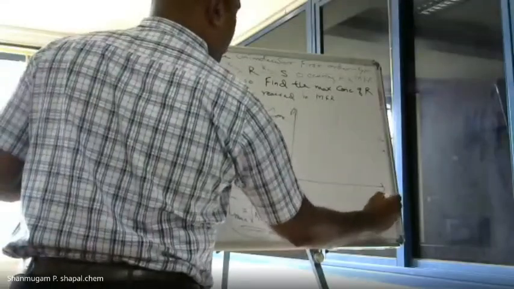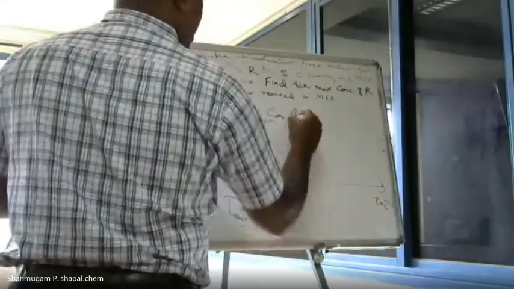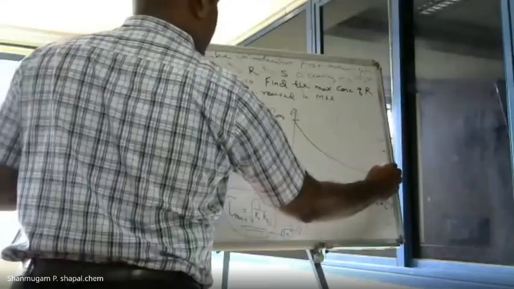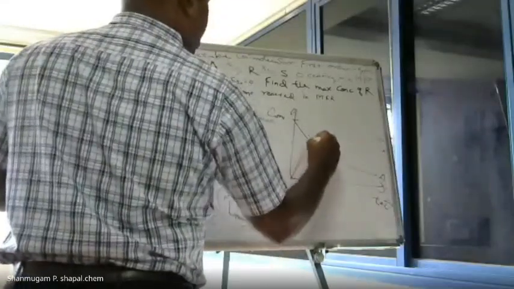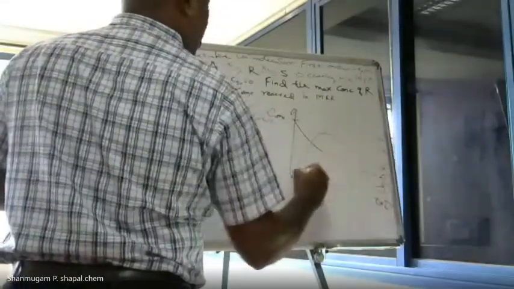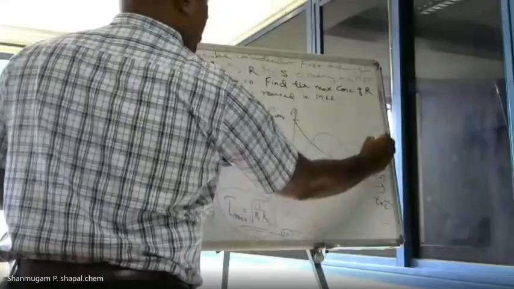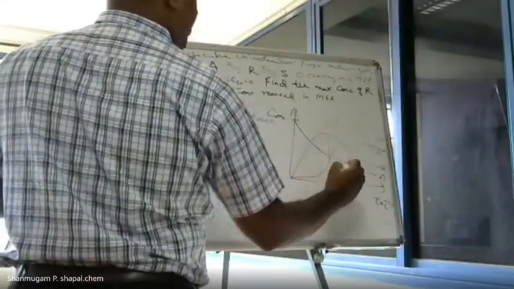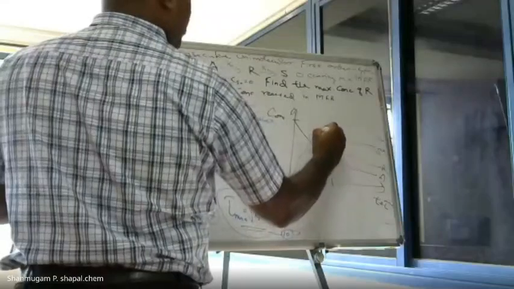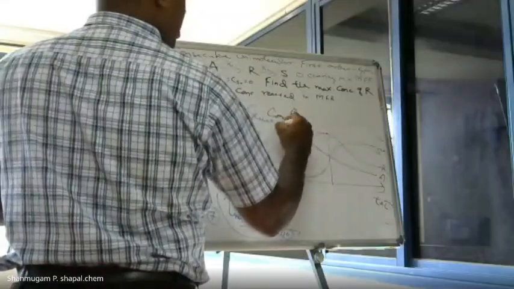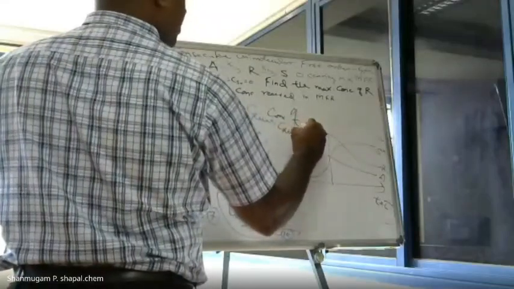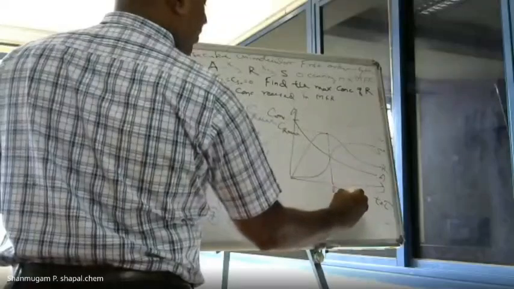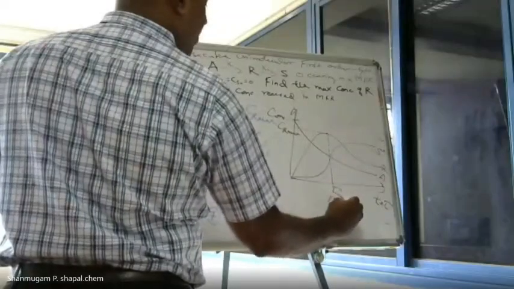Now I put tau here, and the concentration of A. So at this point, this is your CR max, when tau max, or we say tau optimum.